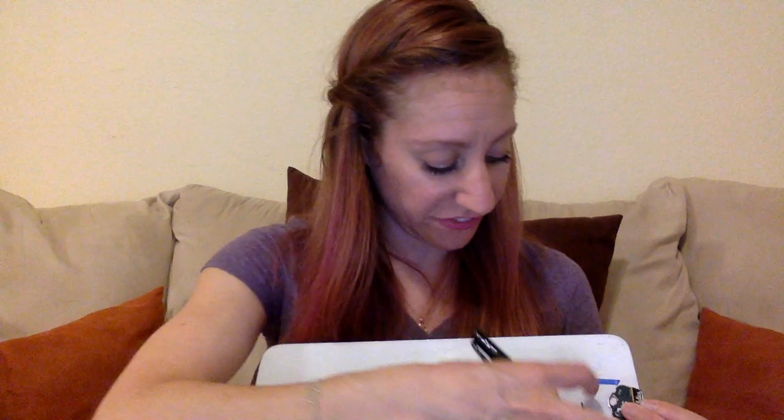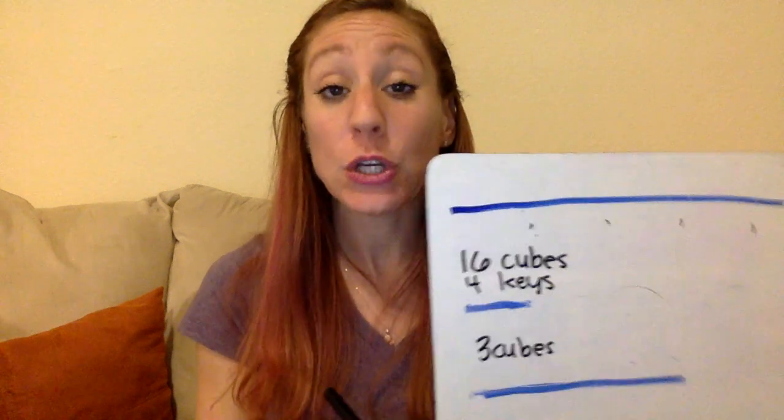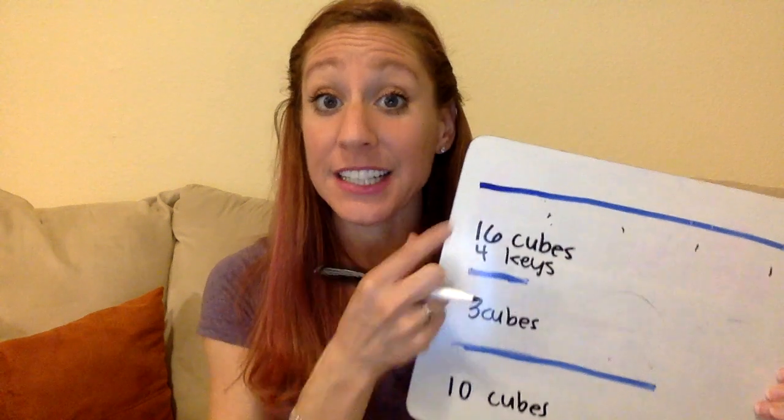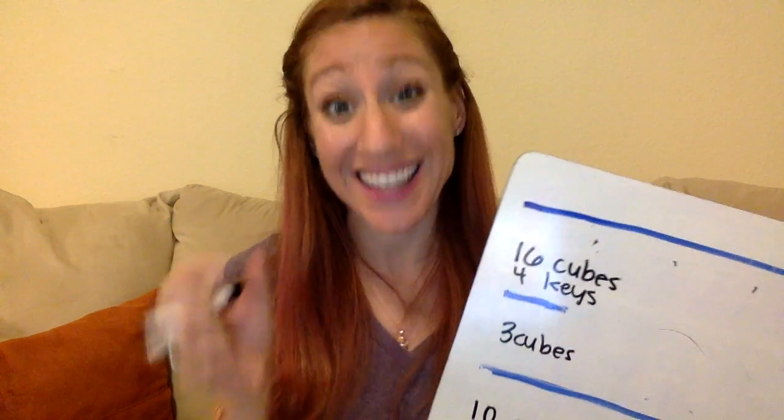So it's about, let's see, 1, 2, 3, 4, 4.5. So you could say 4 or 5 because it's kind of in between. So 4 keys. I measured the same line using 2 different units of measurement, very different numbers, right? 16 and 4, very different because it depends on what size the unit is. So 4 keys long, 4.5.